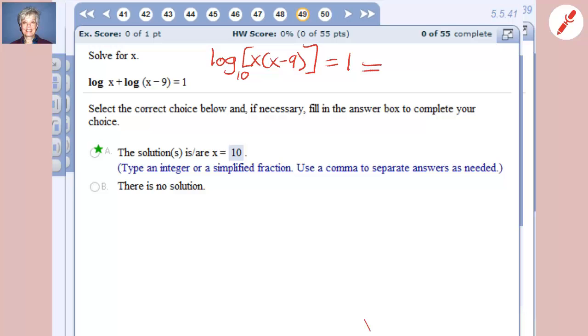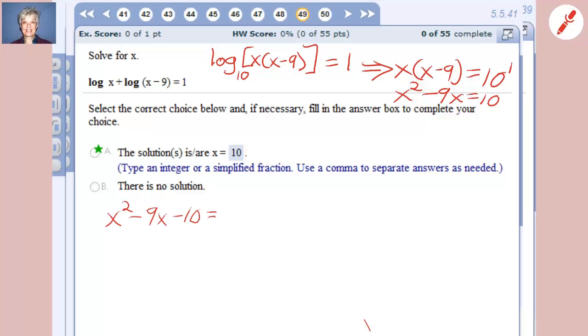That means that x times x minus 9 equals 10 to the 1 power. So now we've got ourselves an equation. We've got x squared minus 9x equals 10. So I'm going to pull the 10 over, and I'll have x squared minus 9x minus 10 equals 0.